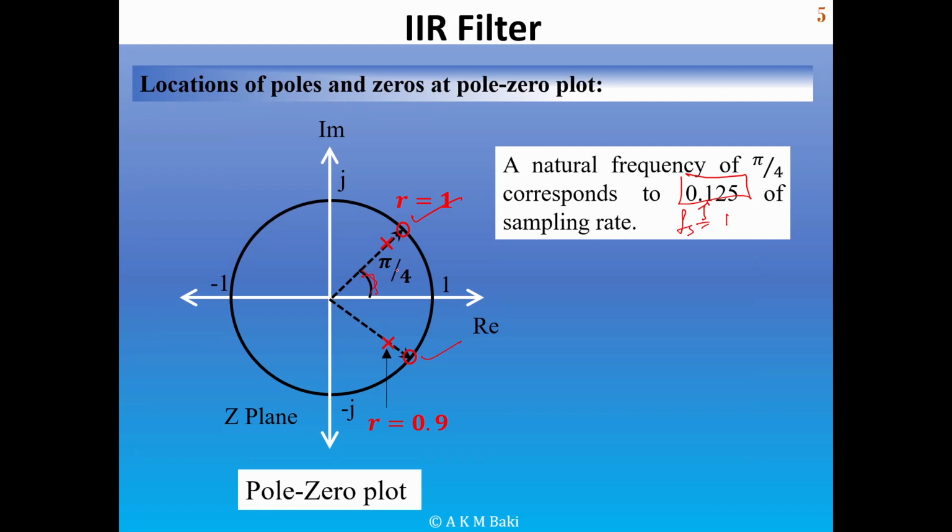So considering pi by 4, two locations for two zeros, and on the same radius or same line two locations for two poles were found. So this was regarding the pole zero plot.